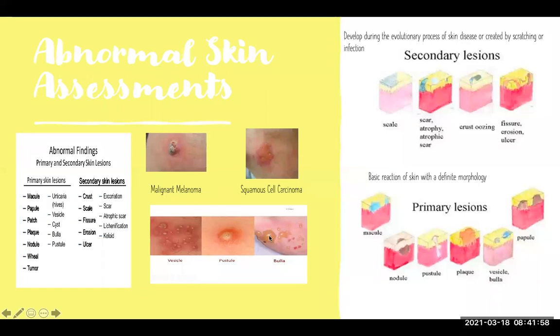Here's bullas, again, from some type of inflammatory skin disease. Again, a primary lesion, a bulla. So these are just examples on the far left here of the types, the names of primary and secondary lesions. So you need to start becoming familiar with those terms, because those are the terms you're going to use in your documentation as a nurse when you're describing wounds.